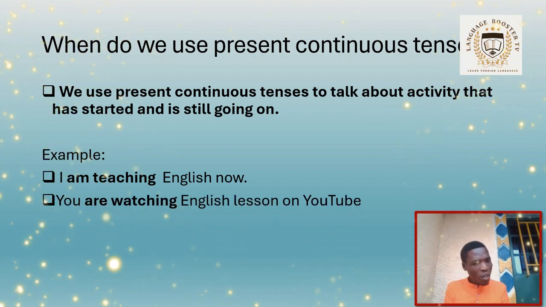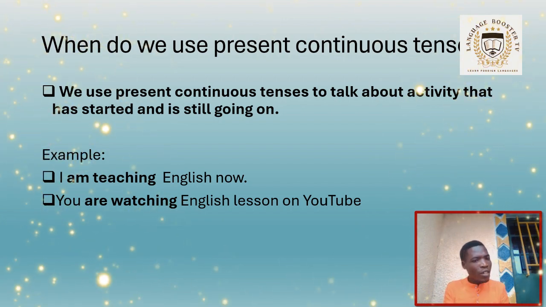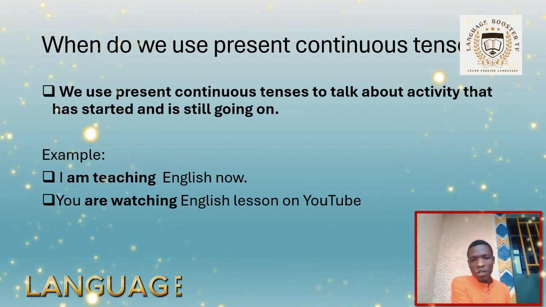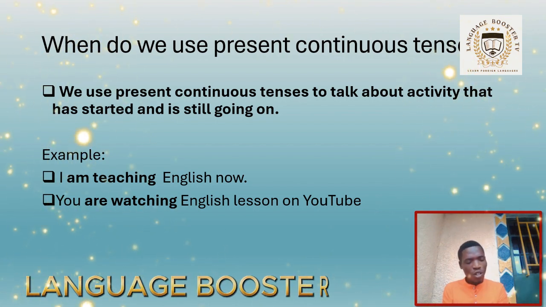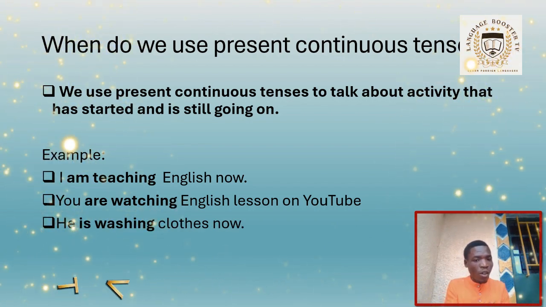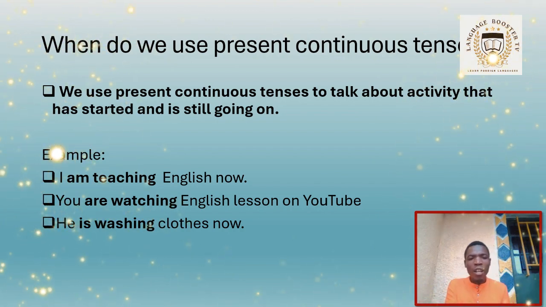Great. You are watching an English lesson on YouTube. Yes, dear viewer, you are still watching this video. So you have started watching and you are still watching. He is washing gloves now. If you go there, you will find him washing gloves until now.